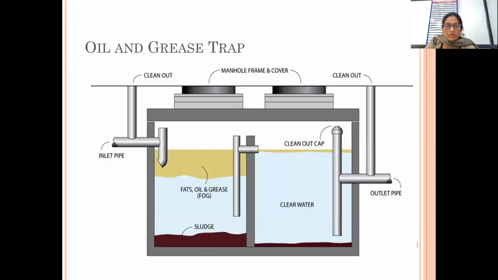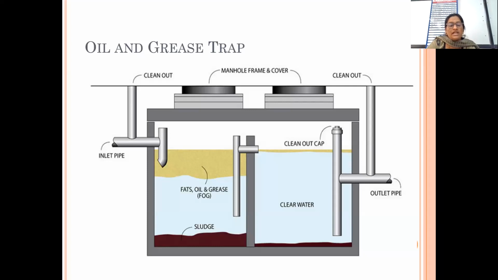Okay, this is a lamp hole, and an oil and grease trap, another type of design of the oil and grease trap. Usually the density of oil and grease is less than the water density, so it starts floating on the surface, and from the surface itself you can remove it.